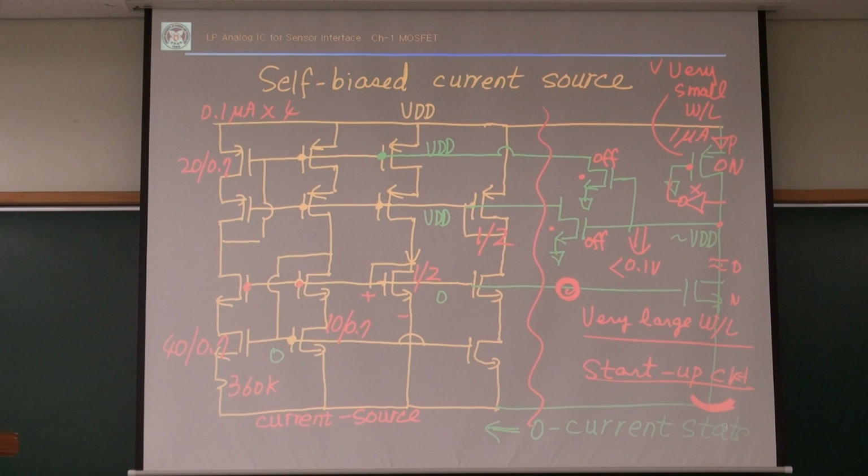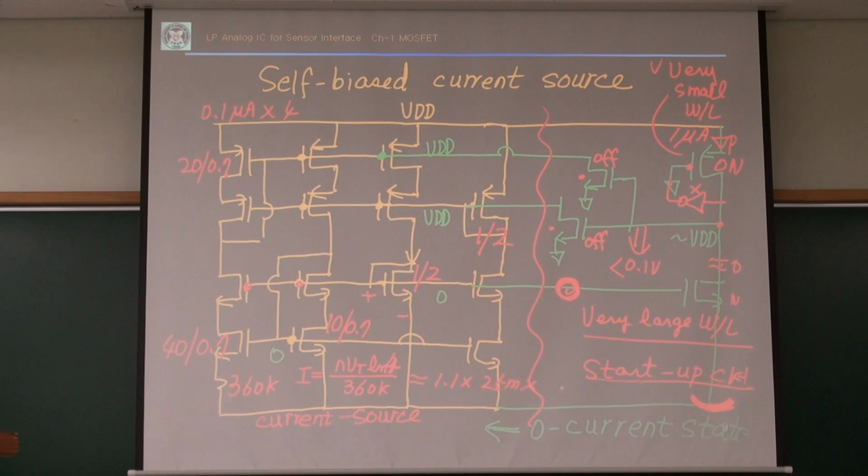Okay, so let's just see. You can see this current. My current is around VT log 4 over R, right? Because this W/L ratio is only 4. I don't know exactly, maybe 1.1, VT is 25 millivolt.